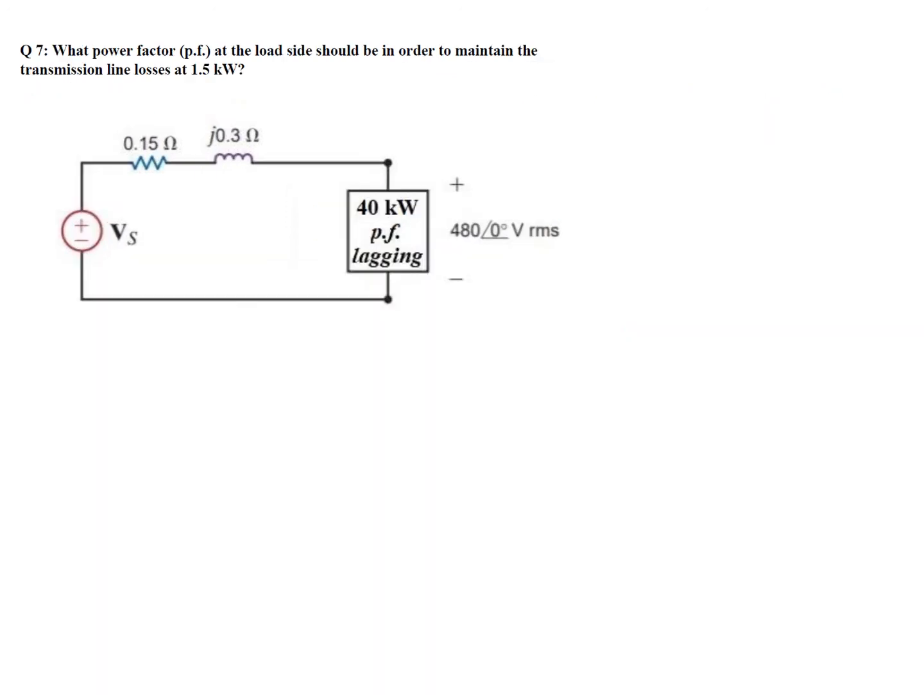Question Q7. What power factor at the load side should there be in order to maintain the transmission line losses at 1.5 kilowatts? So this question asks us to find the power factor for the load so that the power losses in the wire can be controlled at 1.5 kilowatts.